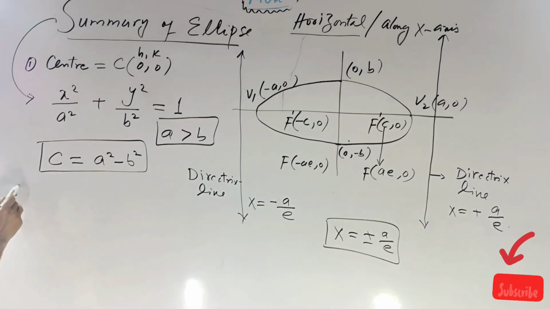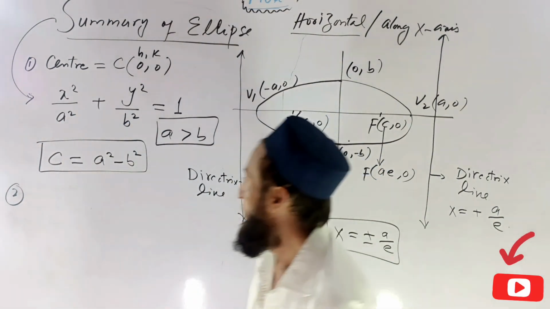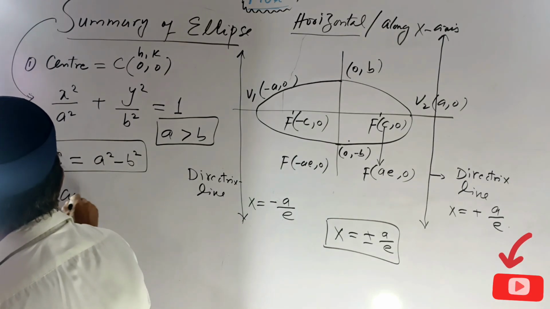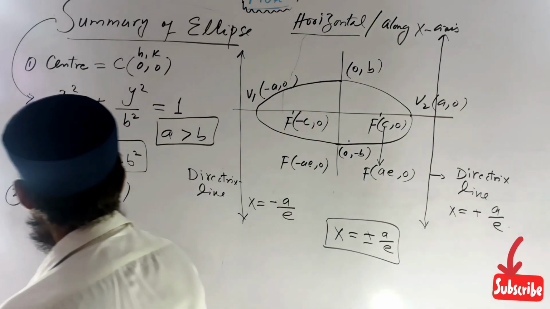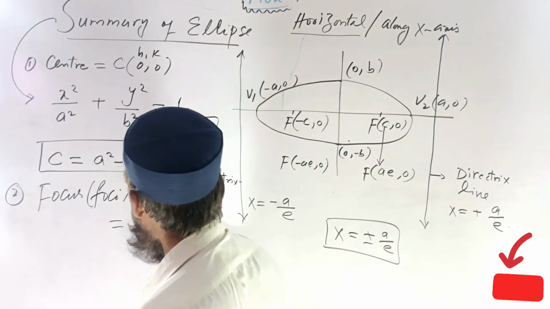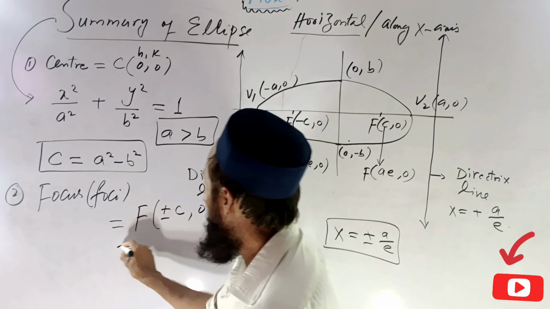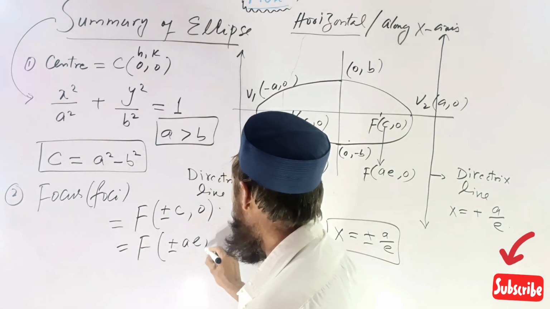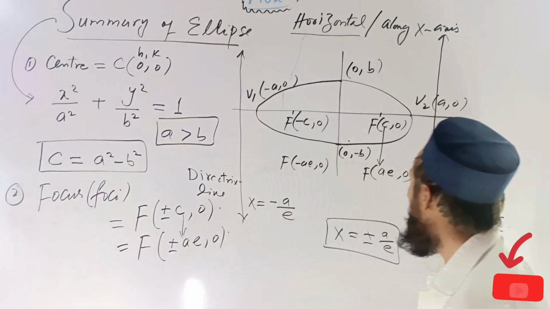Now the second point we are finding is the focus, or foci. So the focus is plus minus C, 0. Or we can write F plus minus AE, 0. Both results: C is equal to plus minus.